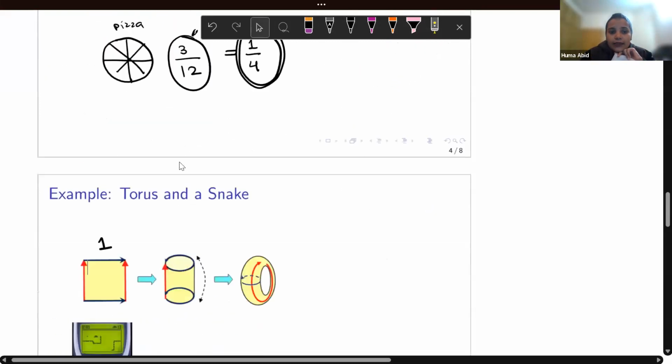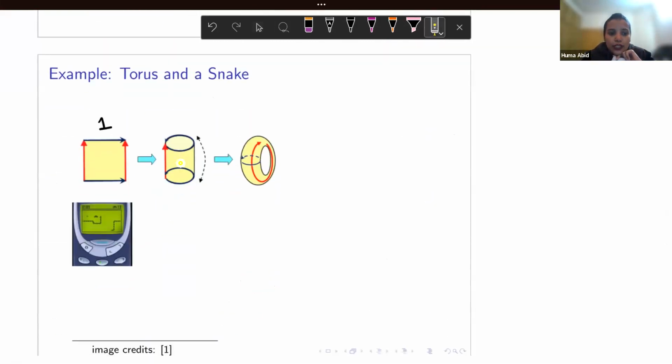So you identify the two edges, the left and the right edges. You say this is basically one. Identifying them means you sort of glue them together, forming a cylinder. This left and right, glue them together, you form a cylinder.